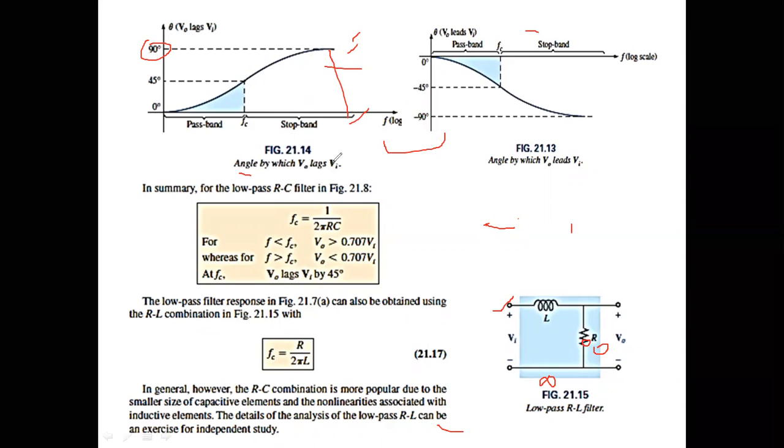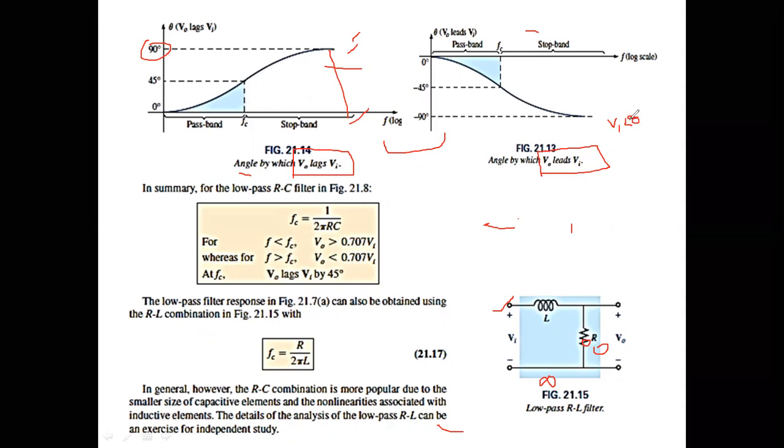In this case, v naught lags vi, and in this case v naught leads vi. So the only difference is the reference. If we consider v naught lags vi, the graph will look like this. And if v naught leads, it depends upon the given value of theta of vi.